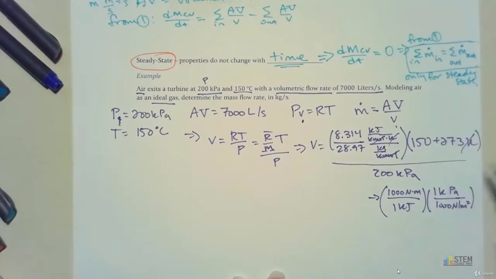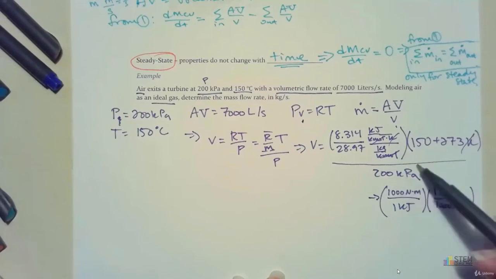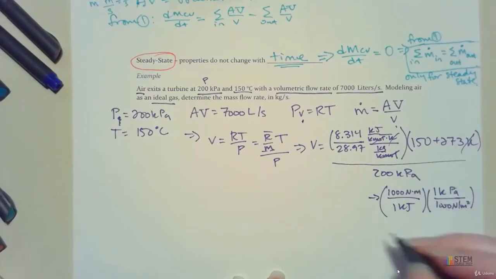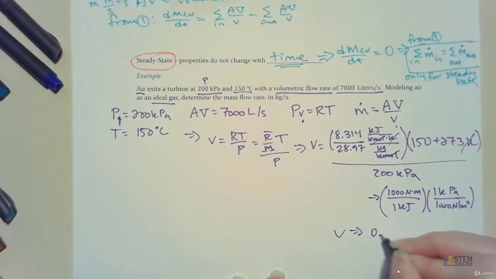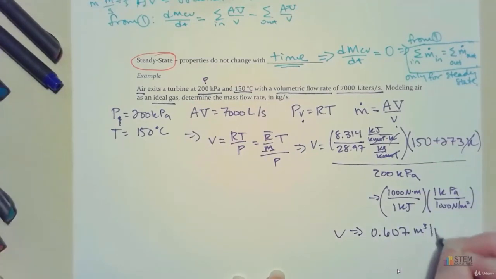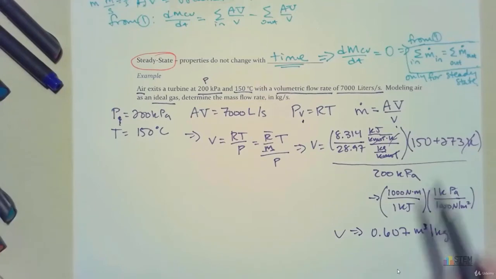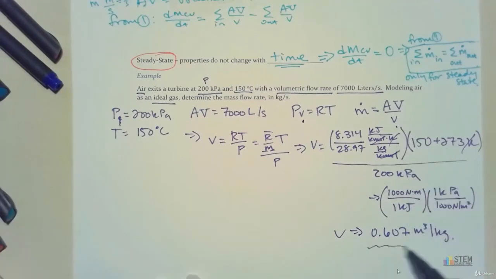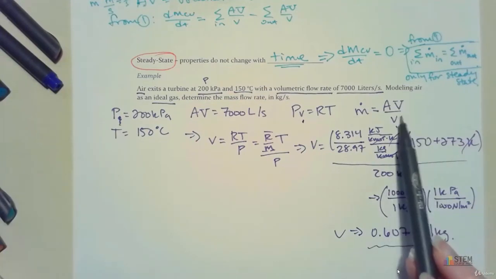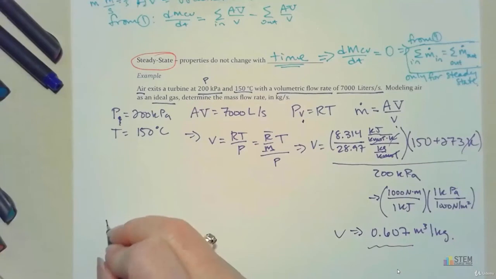Now after you multiply everything together, you get rid of your kilopascals, everything works out, and you'll get V equals 0.607 cubic meters per kilogram. So that's going to be V. Now this is what we needed for our m dot equation. So let's put a line under it. Now let's go to this equation and finish the problem.